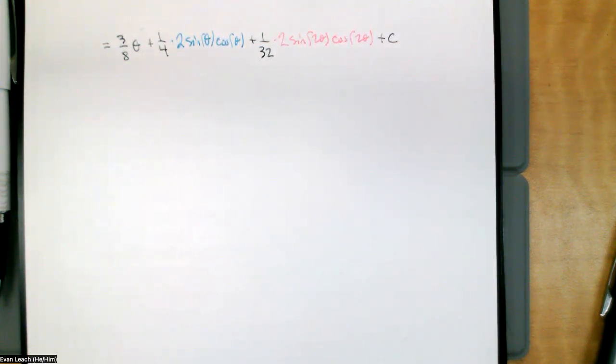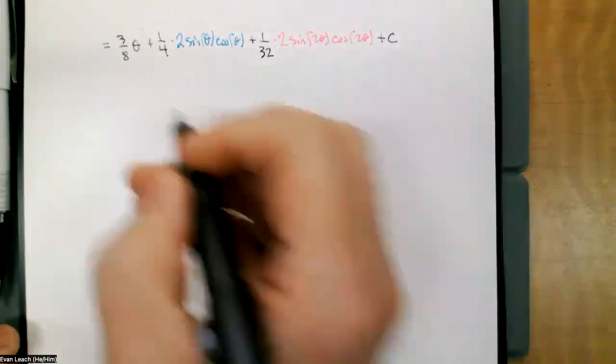And if you're thinking, wow, now we've got sine of 2 theta and cosine of 2 theta still. So if we want to go back all the way to theta, then we're just going to double angle identity those. So let's take care of these first two.